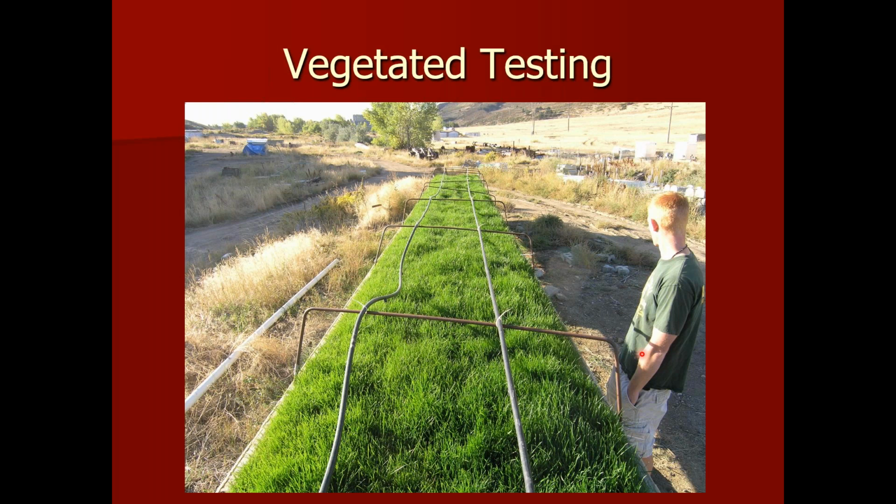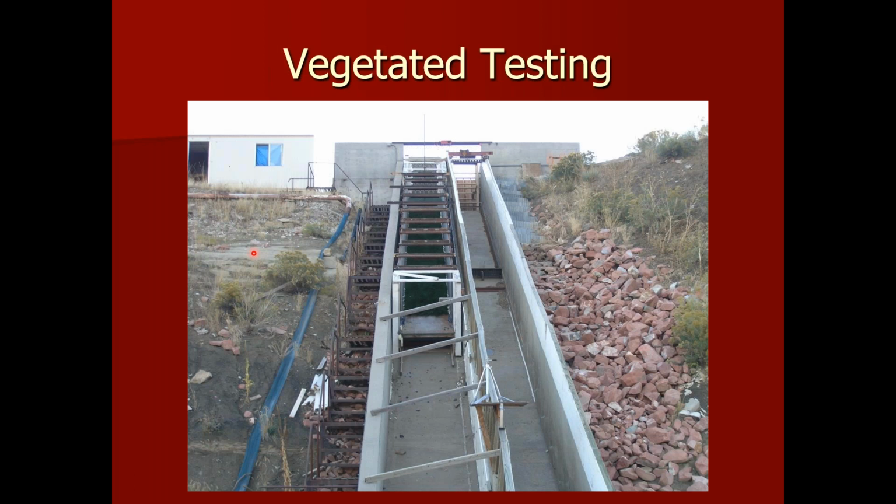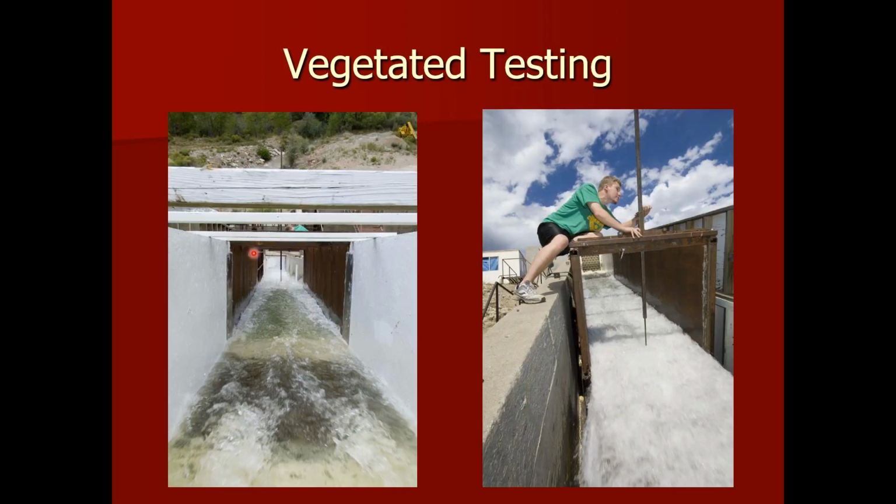Once we've reached a vegetation quality and density that is commensurate with what the specific manufacturer is looking to do, we pick it up, put it in the flume, and run a series of discharges over it. It's just like with the unvegetated tests, they typically run for 35 to 40 minutes to be able to quantify what's happening at each stress level.